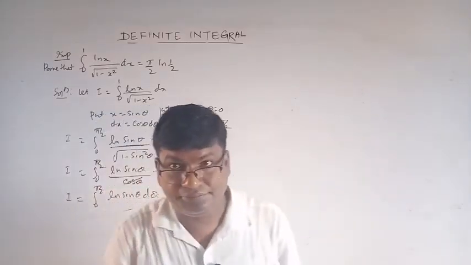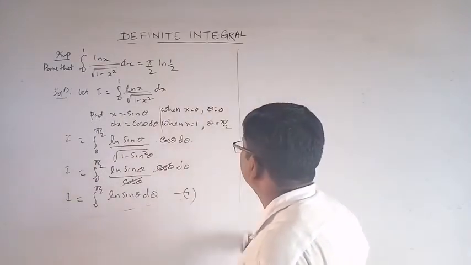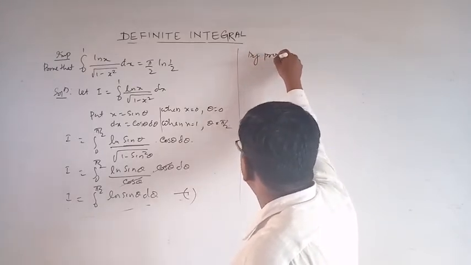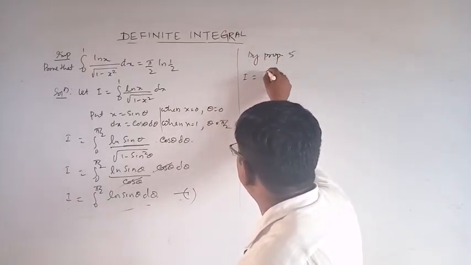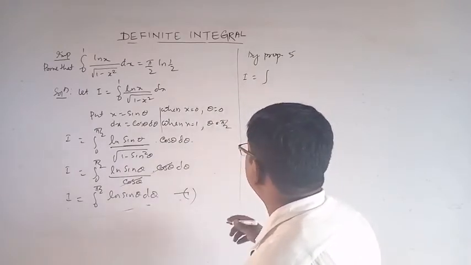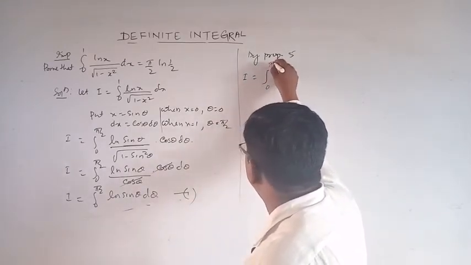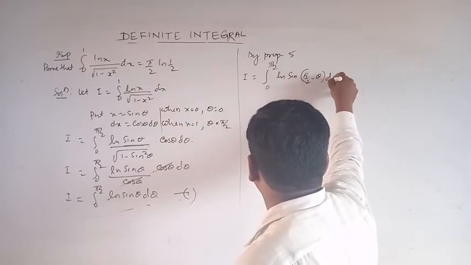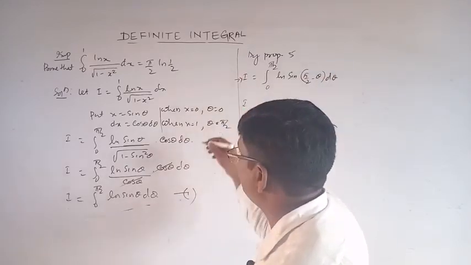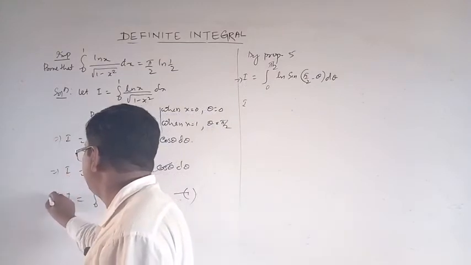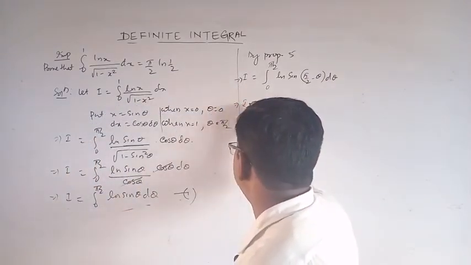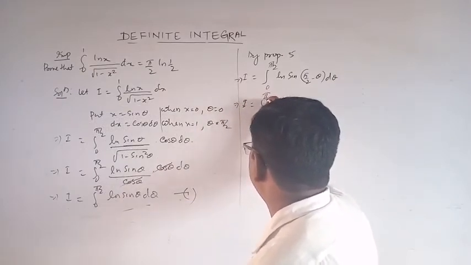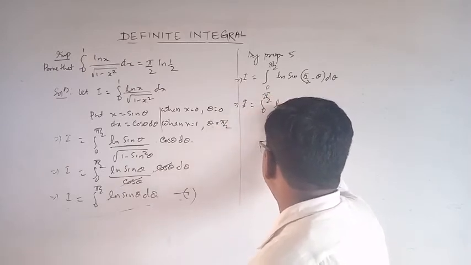Now apply the property, by property 5. So I is equal to the integral from 0 to pi by 2 of log of sin of pi by 2 minus theta d theta, that implies I is equal to the integral from 0 to pi by 2 of log of cos theta d theta.